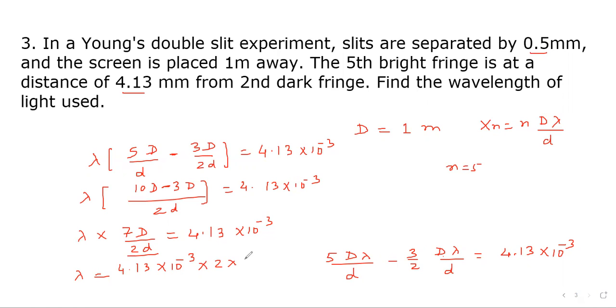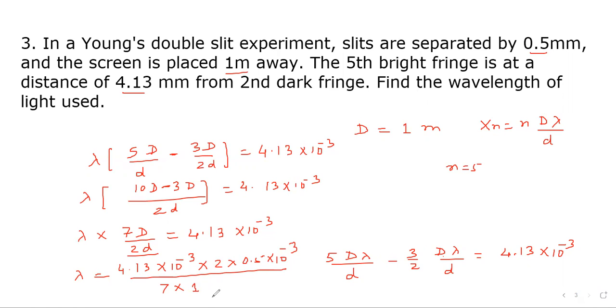So it will be 0.5 into 10 to the power minus 3 divided by 7D. So 7 times D, D is the distance of the screen, that is 1.